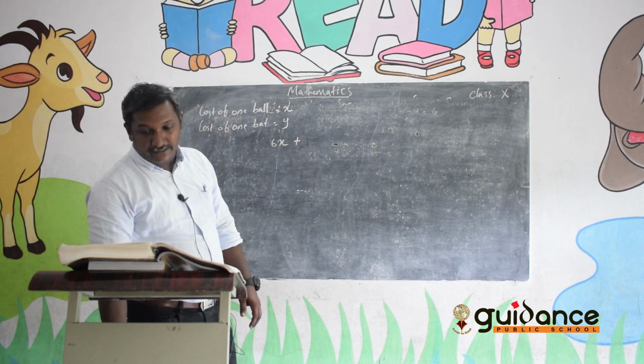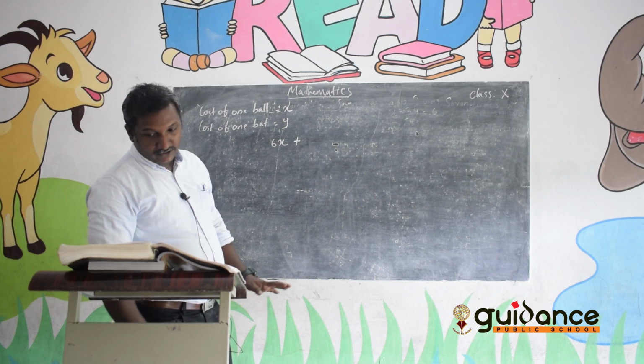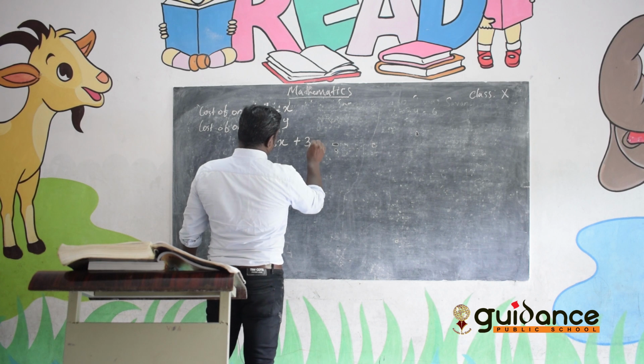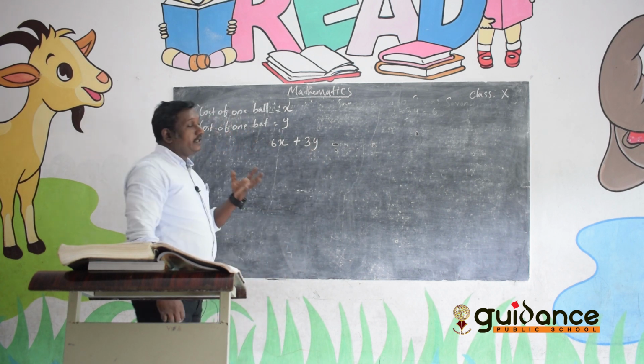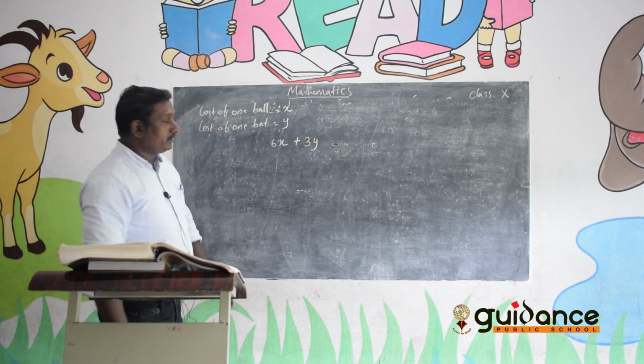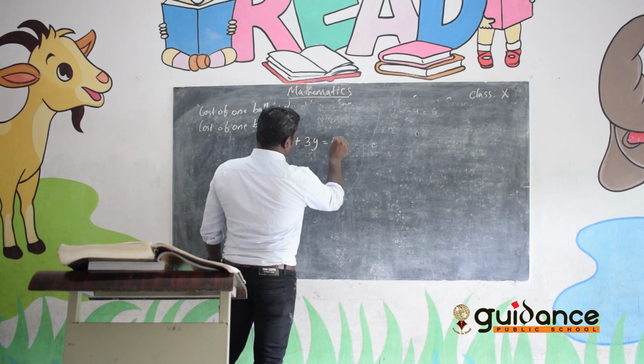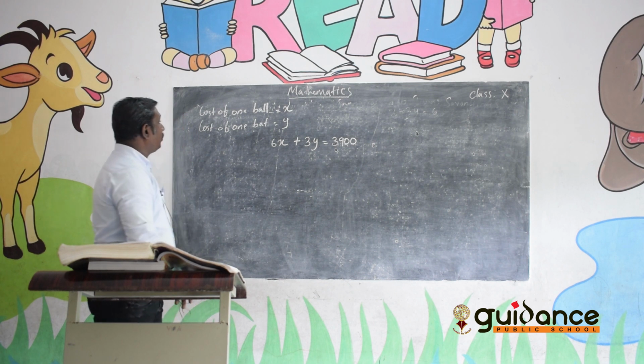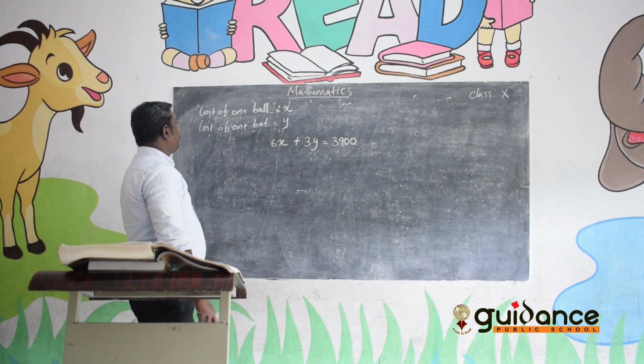What is the cost of a bat? That we referred to as y, then 3 bats, 3y. So the cost of the first case is 3,900. One ball cost is x and the cost of 1 bat is y.